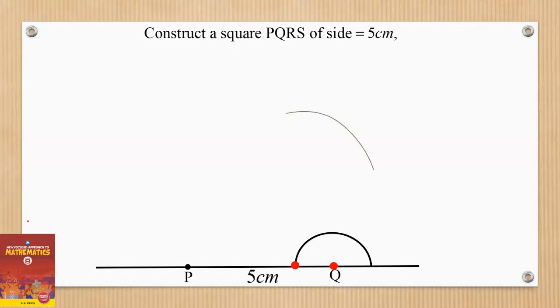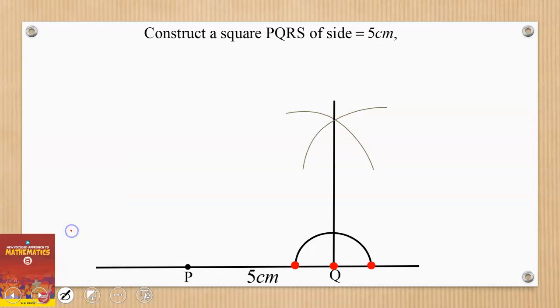This time around, the same radius, don't change it. Move to the opposite side and put a compass pin there and draw another arc to intersect the first one. Now join the two intersecting arcs to the point Q with your ruler, so that you get a perpendicular line to the line PQ. And since we are talking about PQRS, that point of intersection here is going to be R.